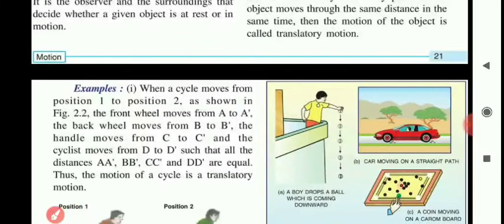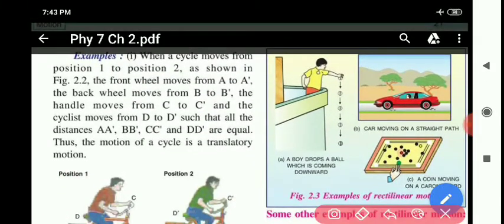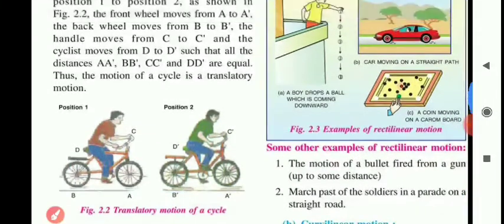For example, when a cycle moves from position 1 to position 2 as shown in figure 2.2, look here, position 1 is this and position 2 is this.